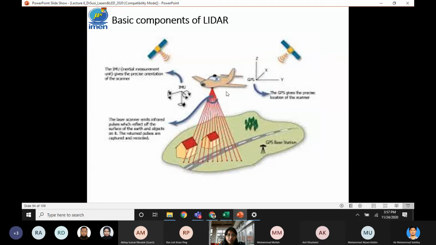This figure is a bit blurry, but basically it gives you, for example in an army system, right? For example, the Navy wants to know whether there is any enemy or somebody down here. They can use LiDAR to detect whether there are any people or any equipment down here.